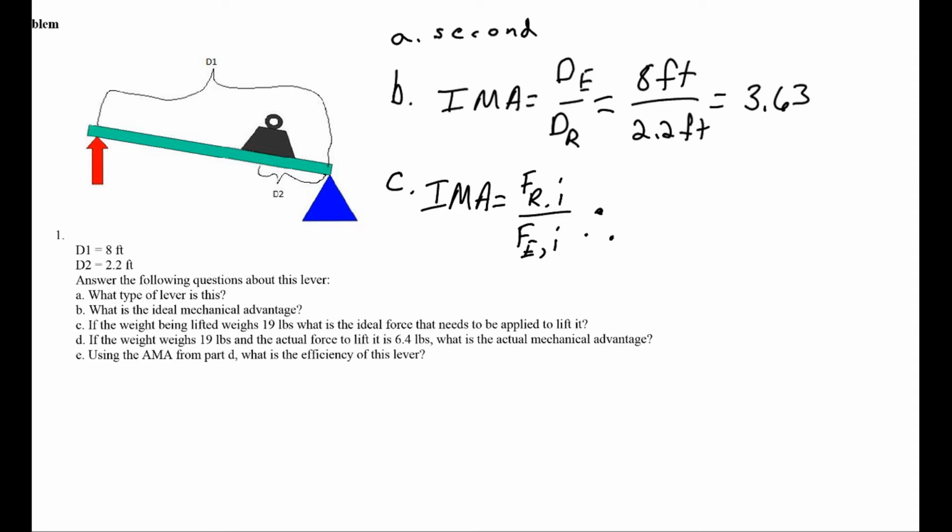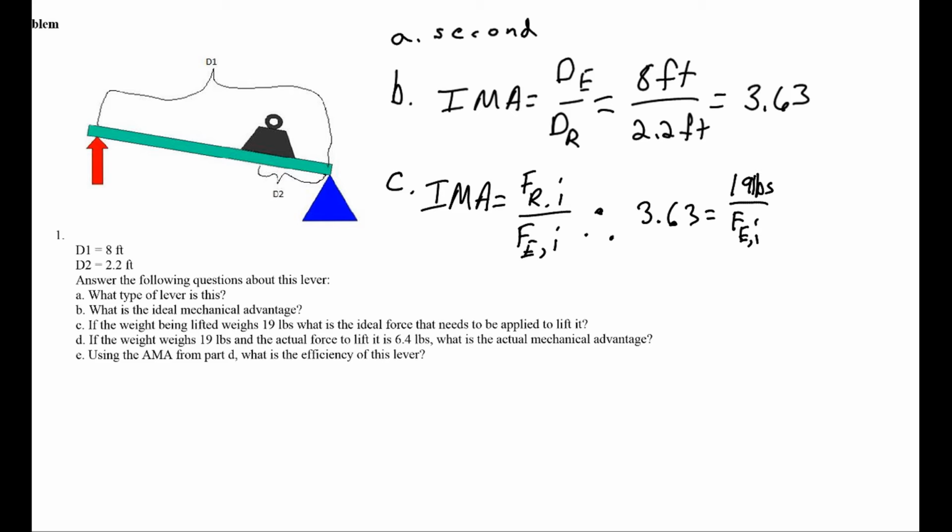So we found our IMA from before, so it's going to be 3.63 equals the resistance force, which is 19 pounds, over effort force ideal.